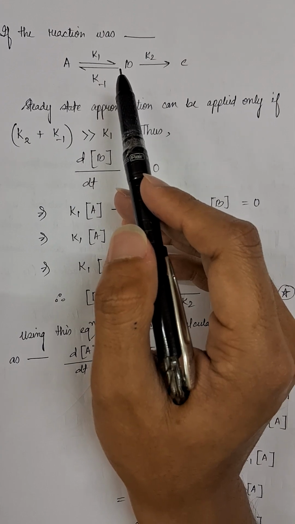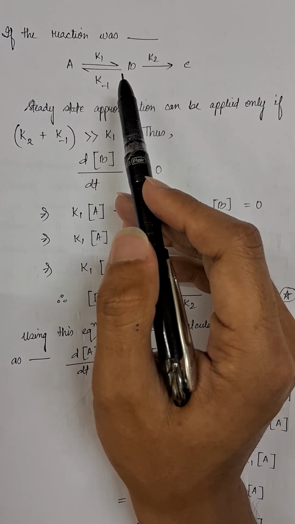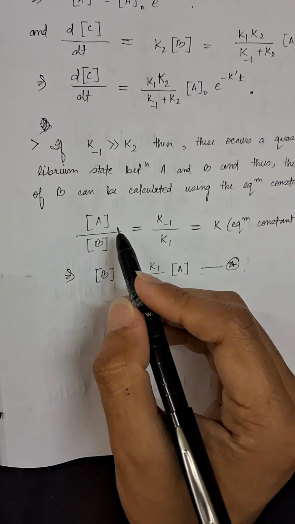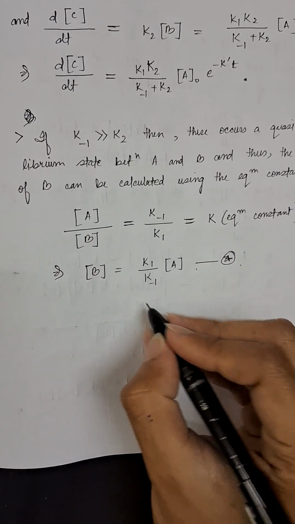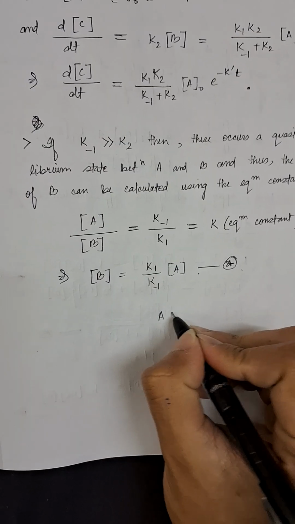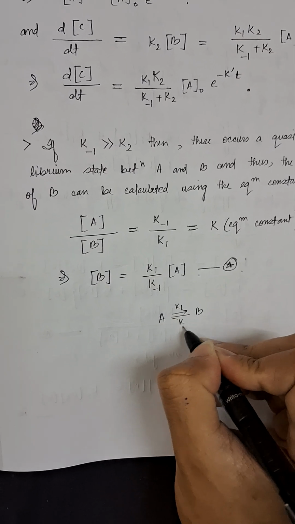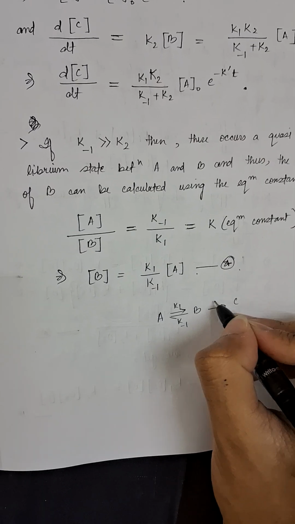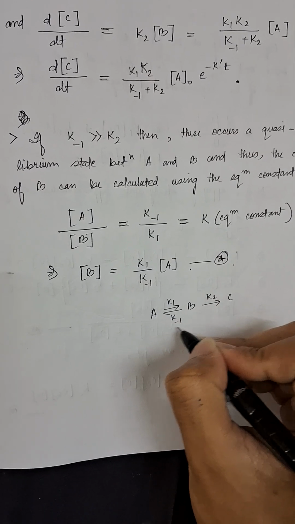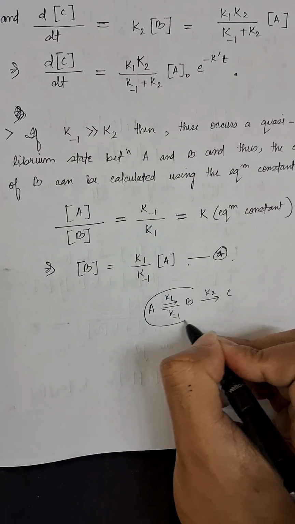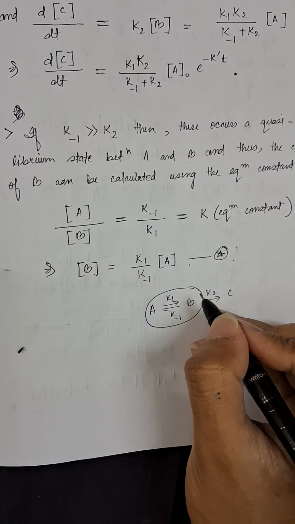We have to use the equilibrium constant, and then we have to use the equilibrium formula. An equilibrium exists between A and B. If this K minus 1 is much greater than K2, then a quasi-equilibrium exists between these two, right?